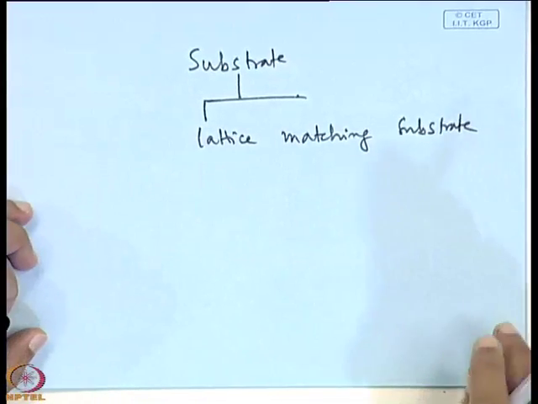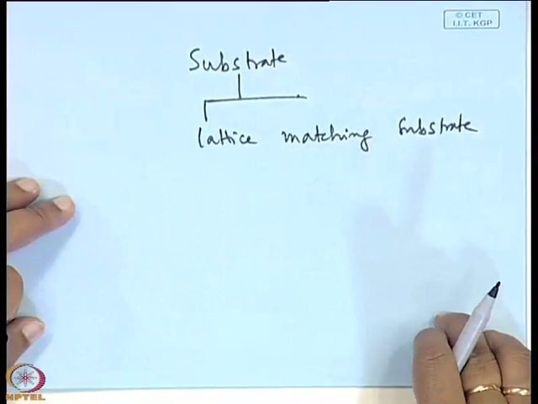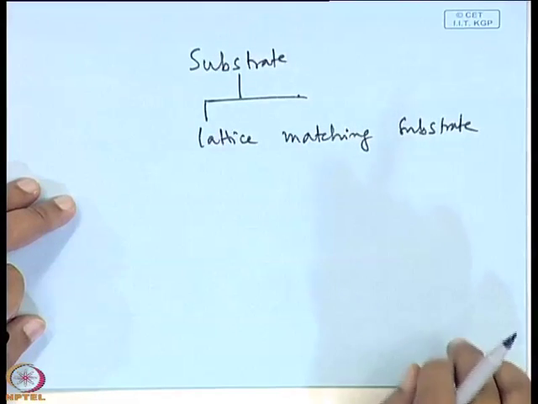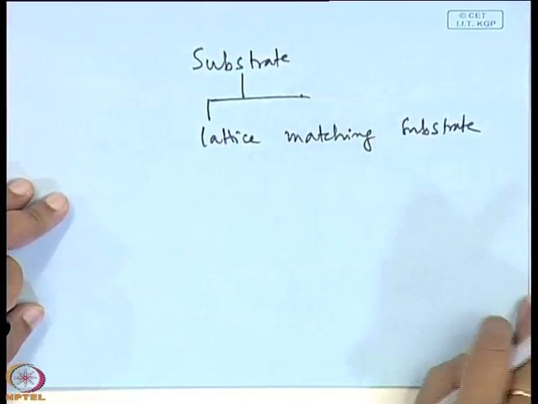Lattice matching substrate means the lattice constant of the substrate will be the same as the lattice constant of the film to be grown on the substrate.